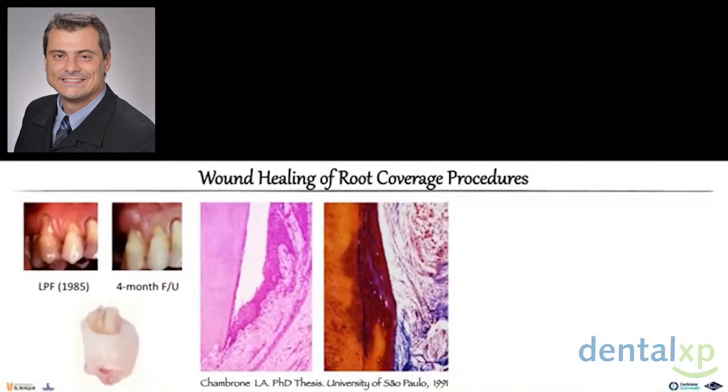In terms of wound healing of root coverage procedures, the available information on human histology showed that wound healing may be anticipated consisting of long junctional epithelium and connective tissue attachment. But it should be noted that it's not easy to access data from humans due to inherent ethical conditions.